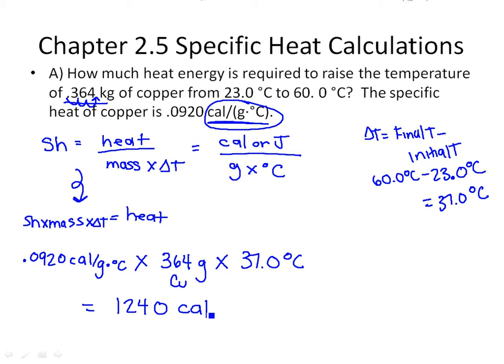So this is the amount of heat energy that will be required for the copper to raise the temperature from 23 to 60 degrees C.